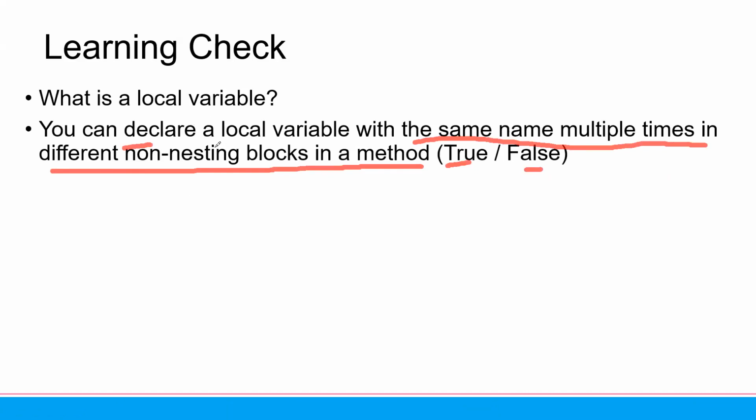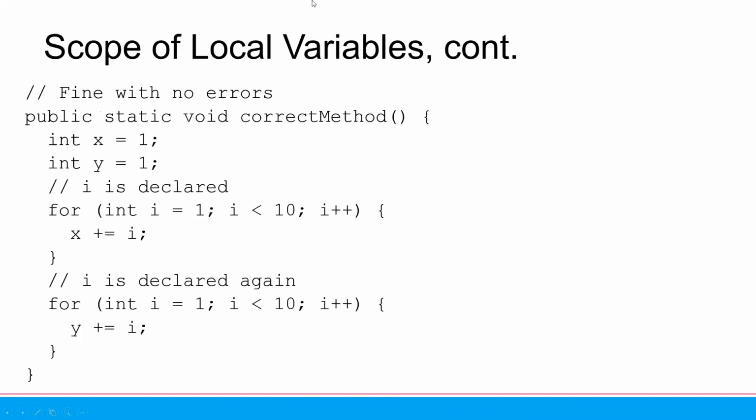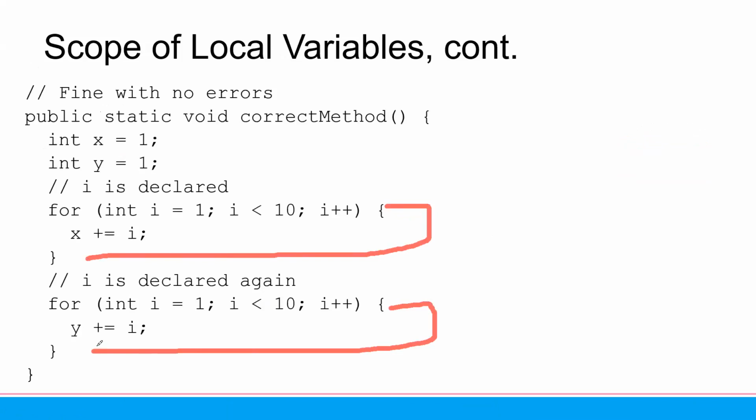Non-nesting block means like this one. This is one block, and this is another block.